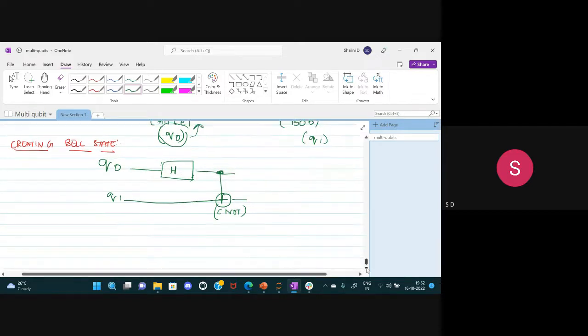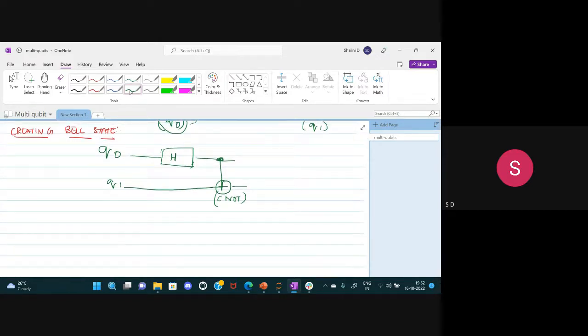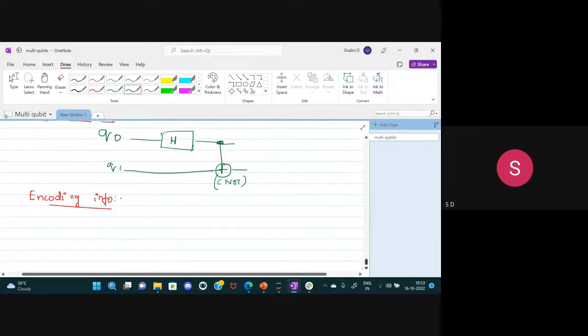Next step is to encode the information. Most important is encoding the information. You have four different ways.